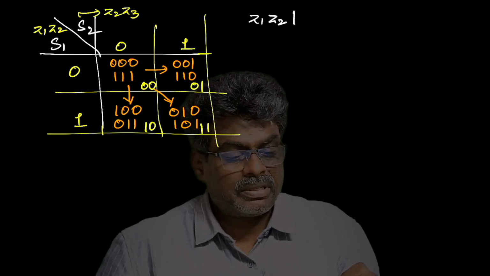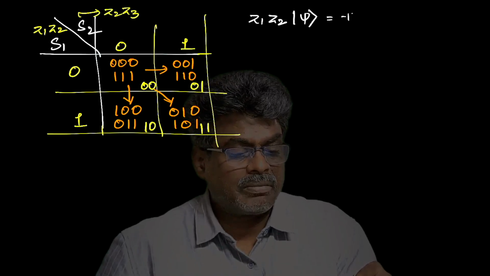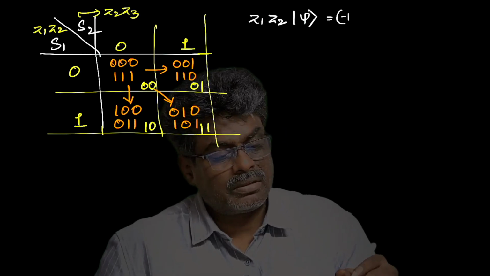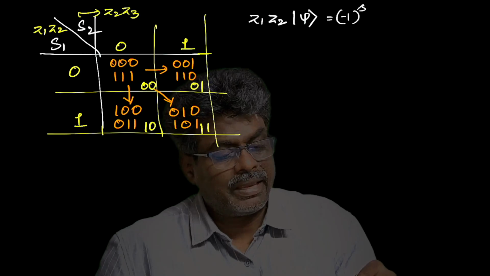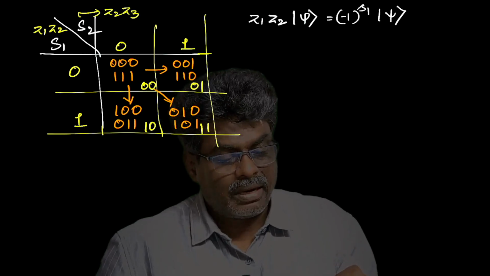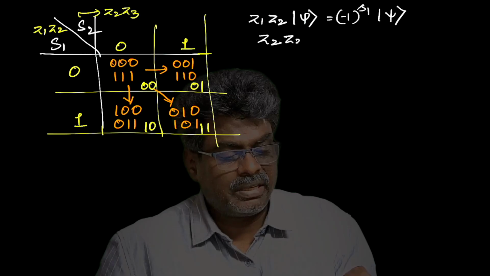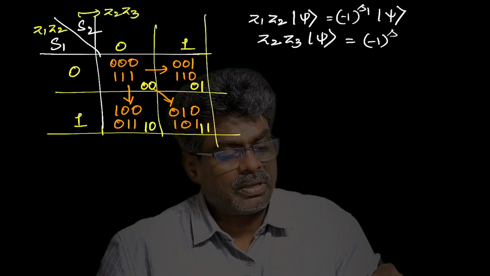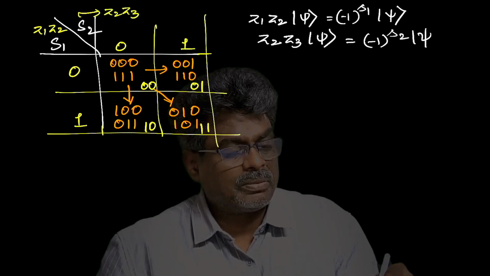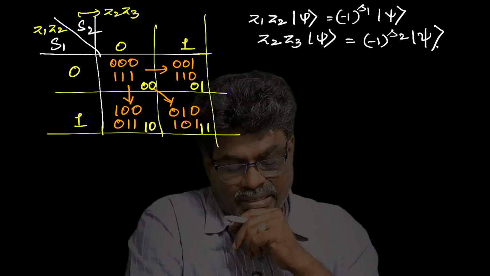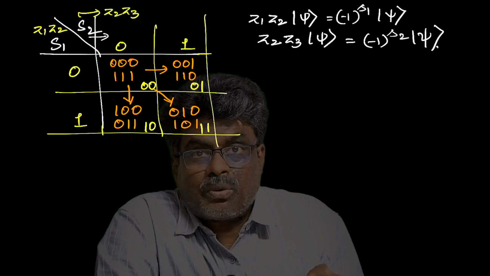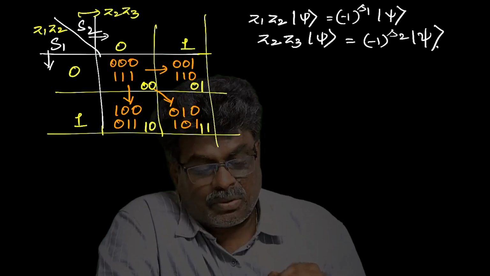That means if it operates on psi, we will get minus 1 whole power S1 psi. And similarly Z2, Z3 operates on psi syndrome state, minus 1 whole power S2 psi. Now let us discuss. So here we have S2 0, 0, 1, and here we have S1 0, 1.